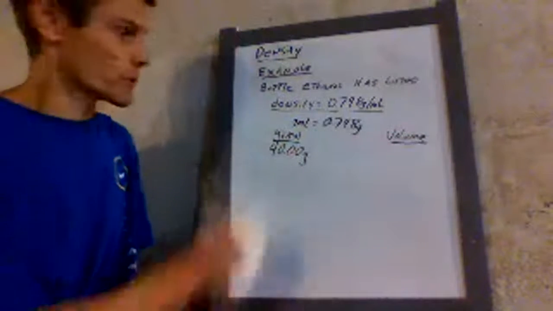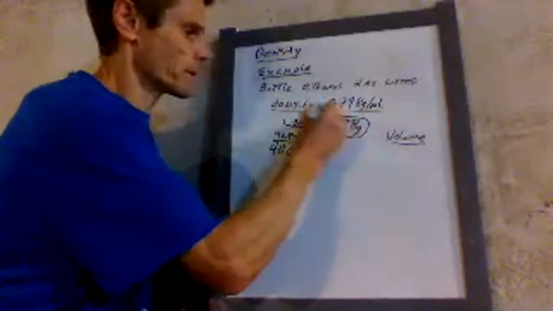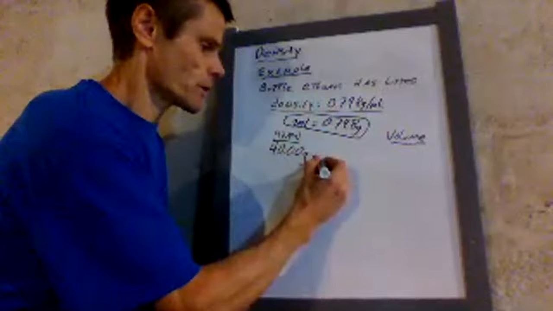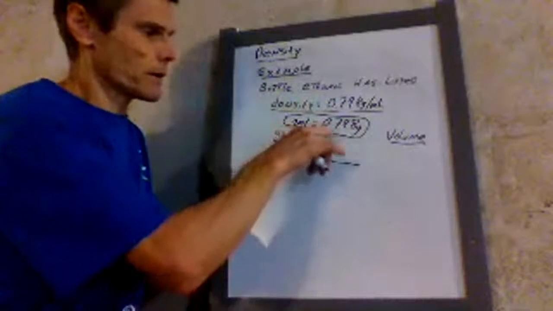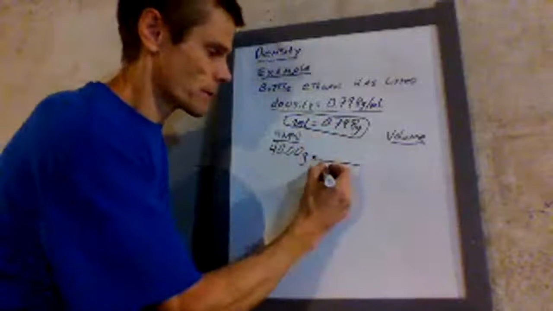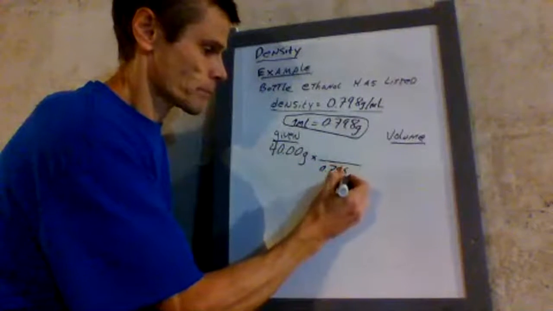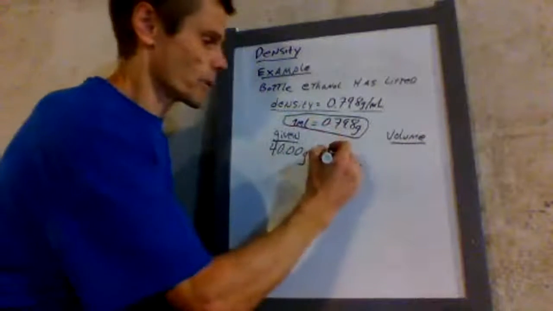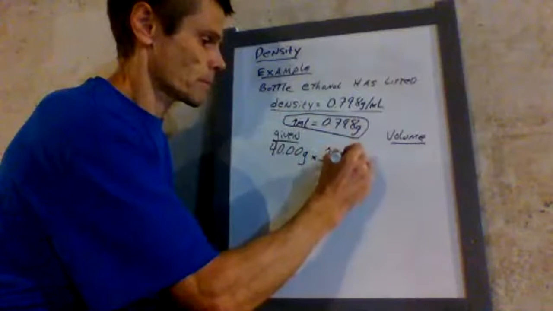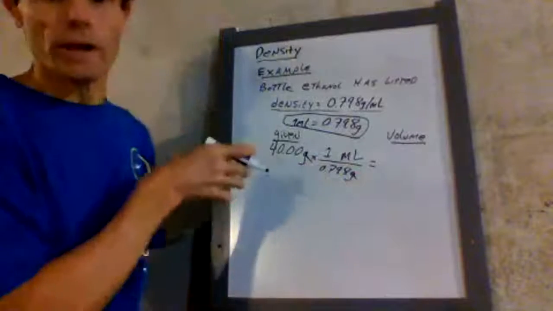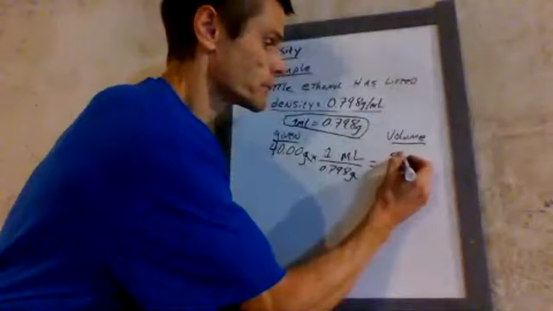To get there, we're going to use a conversion factor: 1 milliliter contains 0.798 grams. It's the conversion factor that has grams in the denominator and our desired unit of volume in the numerator. Grams cancel out, and we will get the same answer: 50.13 milliliters.